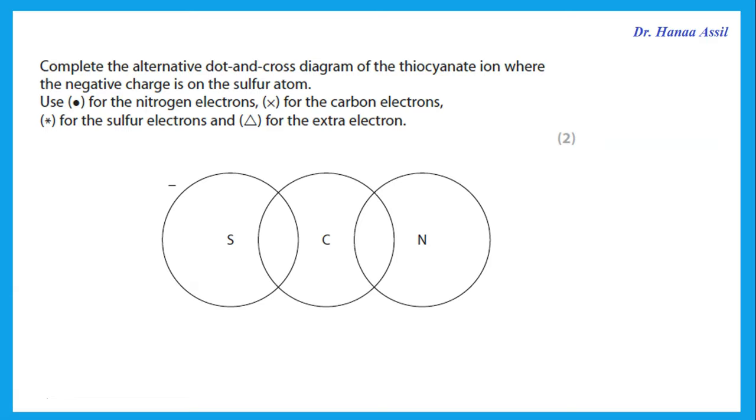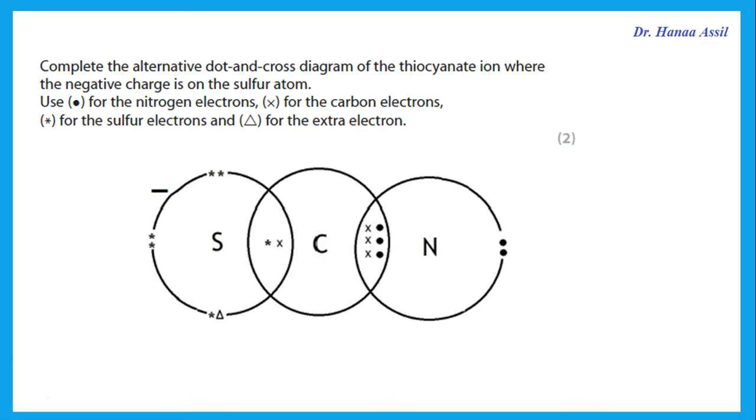So we are required to use the dark dot for nitrogen, X for carbon, asterisks for the sulfur electrons, and a triangle for the extra electron that forms the negative charge. So how do we distribute the electrons?